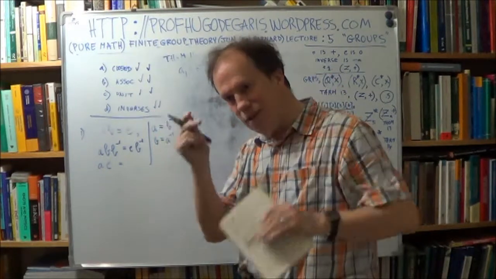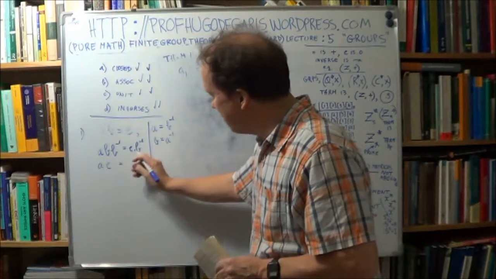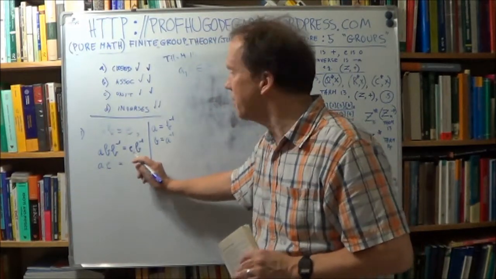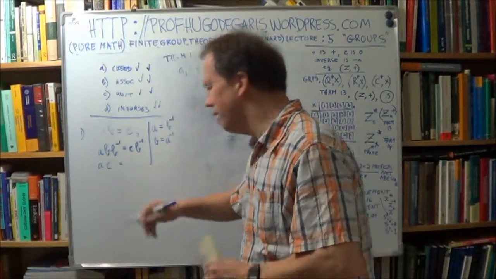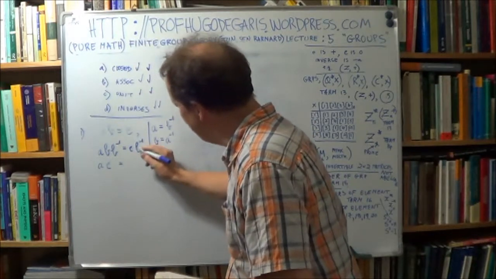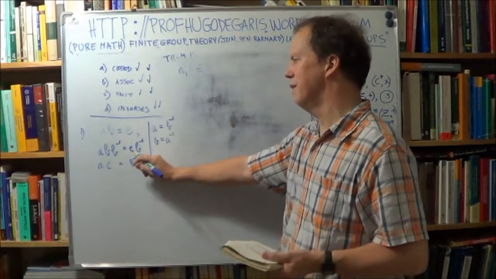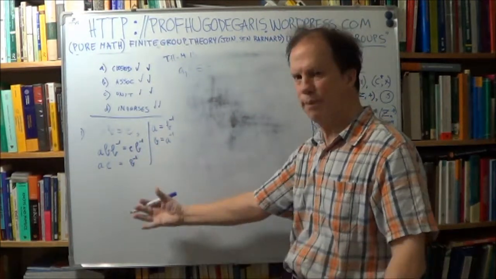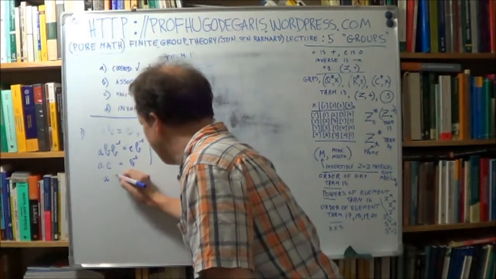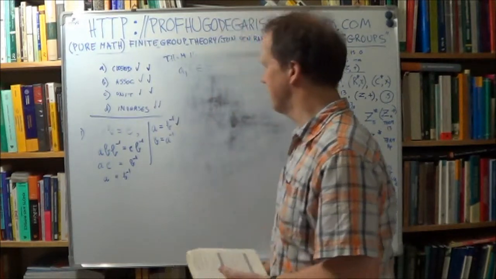I'm speaking in multiplicative terms. When I say multiply, what I really mean is I'm applying the binary operation, but just shorthand, it's easy. Just say times. So E times B to the minus 1 is just B to the minus 1, right? Because that's the unit. The unit times something is just the something. Now A, same comment, so that's just A. So therefore A equals B inverse, right? So we've proved that.